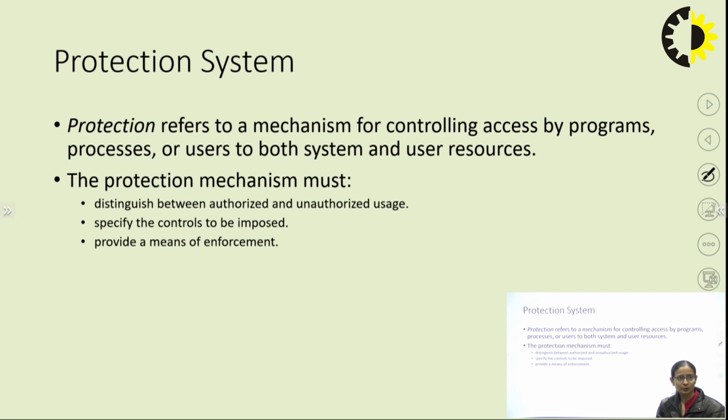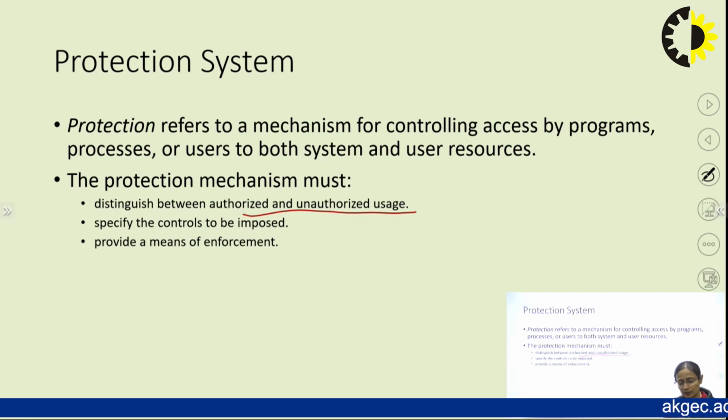So the protection module distinguishes between authorized and unauthorized usage by different processes. If some process is using some resource in an unauthorized fashion, then it might get blocked by the OS.